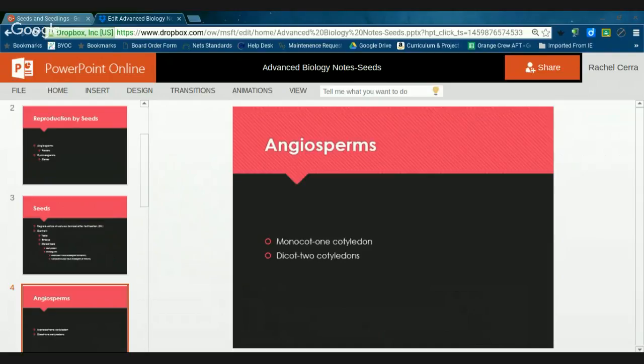Angiosperms, kind of a refresher, you can be either a monocot or a dicot. You're not going to get a monocot and a dicot when you're talking about a gymnosperm. And then again, the monocots have one cotyledon, and the dicots will have two cotyledons.